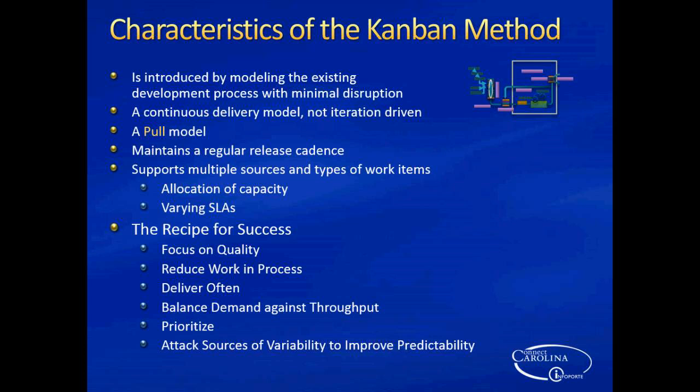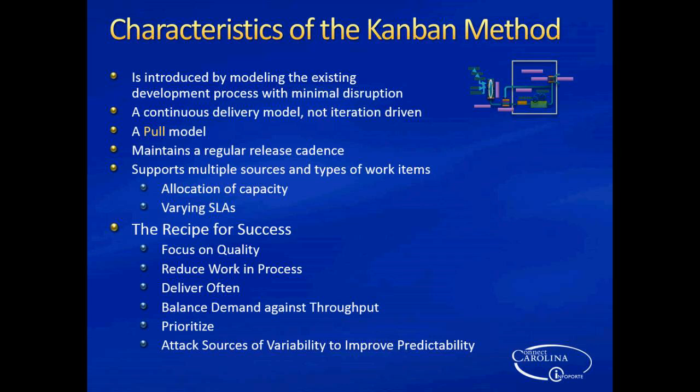And the recipe for success, remember we spent some time on this, right? A focus on quality, work in process, reduce and manage the work in process. Deliver often, that's back to the regular release cadence. Balance demand against throughput, again. Work in process is constrained, so you have to balance what your priorities are on the front end based on what is the real capacity of your team.